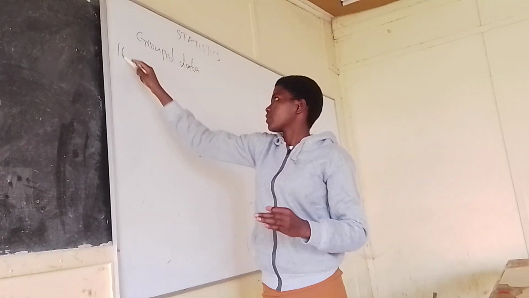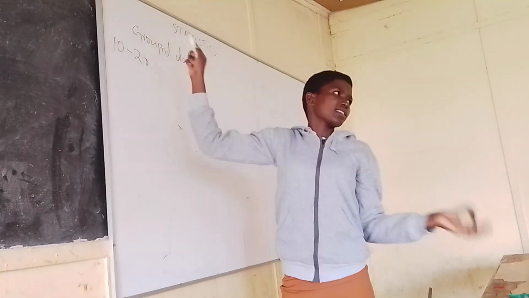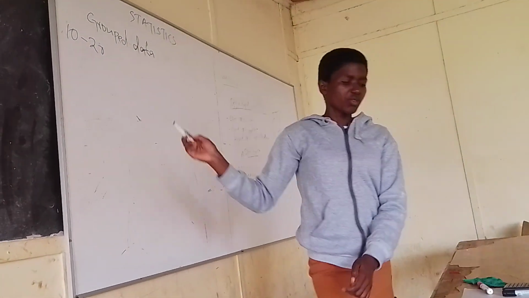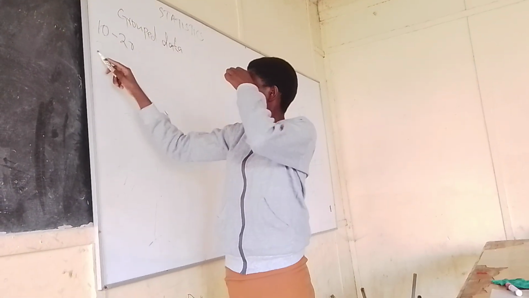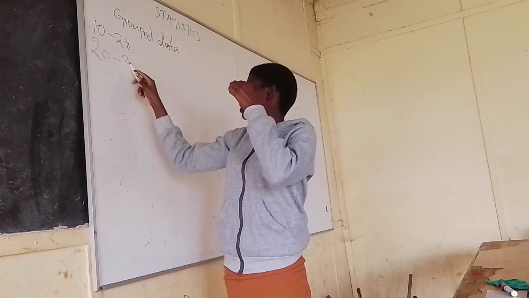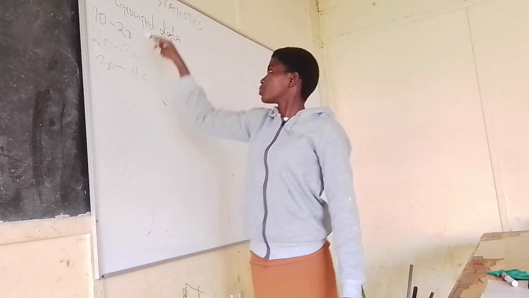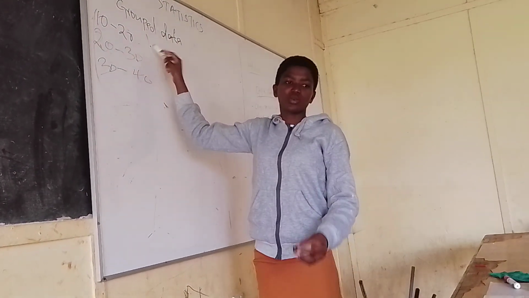So when we have, let's say, the ages or the number of students, from 10 to 20, then from 20 to 30, 30 to 40. So they're in groups. That's why we call it grouped data.